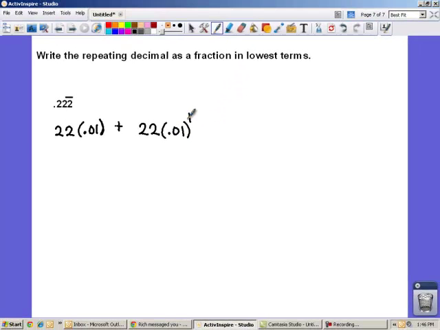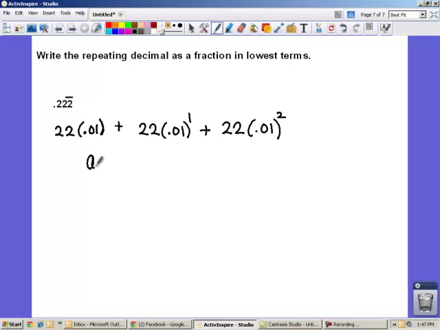And then we add another 22 with another exponent of 1, this is going to make the 2 repeating. And if we keep doing this over and over again, with the exponents increasing, we're going to get another 2 and another 2. So this is how we get this series going here.